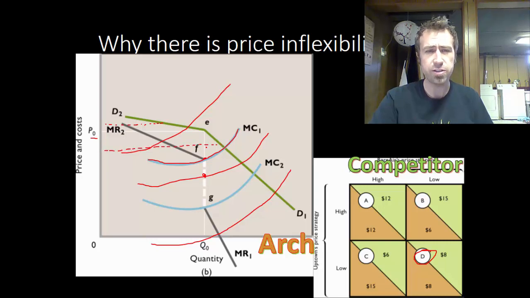So yes, there are some prices that are not P0, but when you're in the elastic part, if you're at maybe the first marginal cost line that we talked about, marginal cost 1A, yes, you may not be at P0, but in the long run, you're going to want to lower your costs so you can get to a point E where you're going to have more total revenue and more profit.